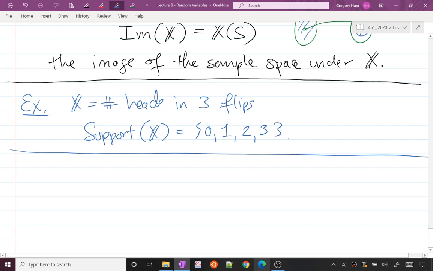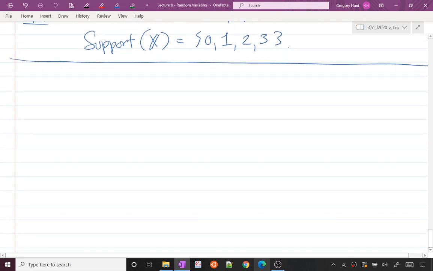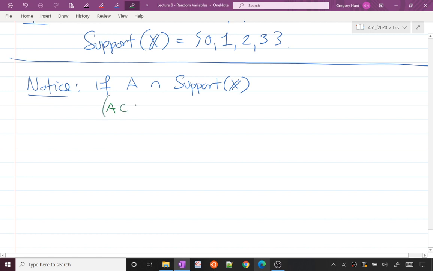So notice here, if A intersect support of X, right? Support is a set, so you can take some set A, and A had better be an event, that is a subset of the sample space.